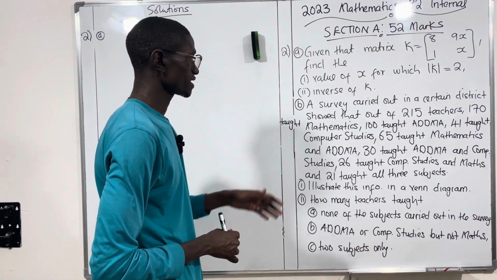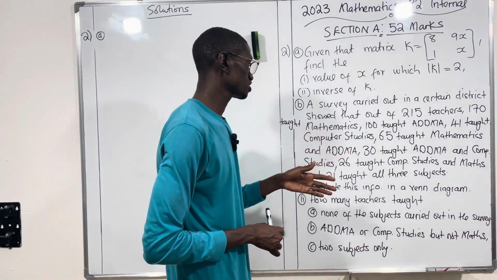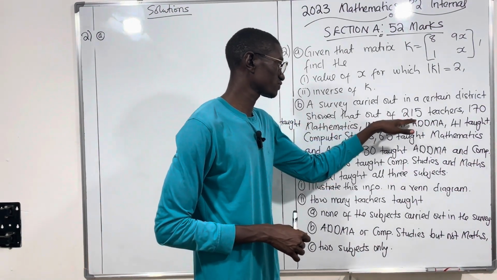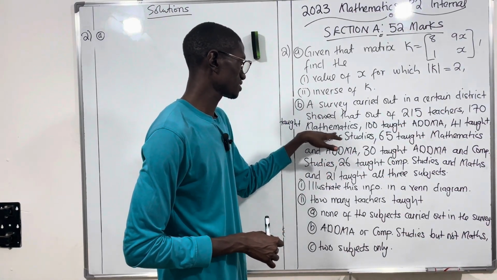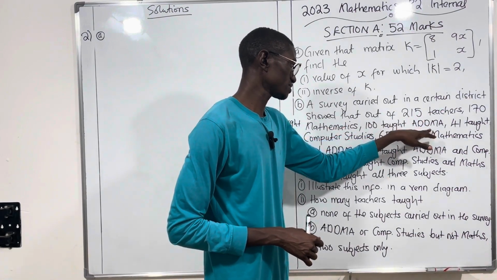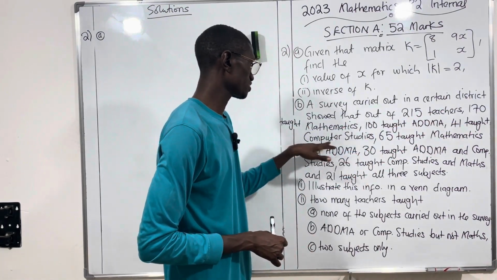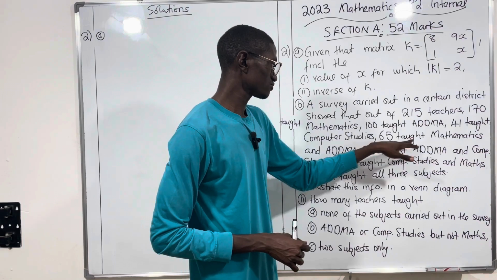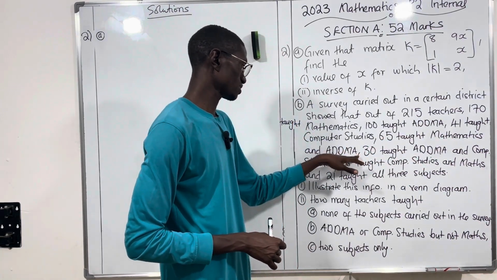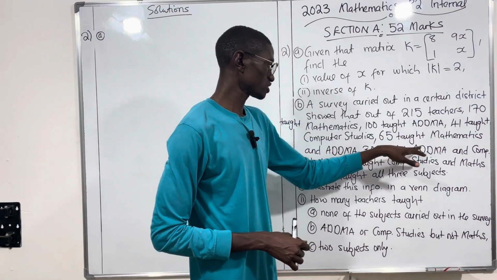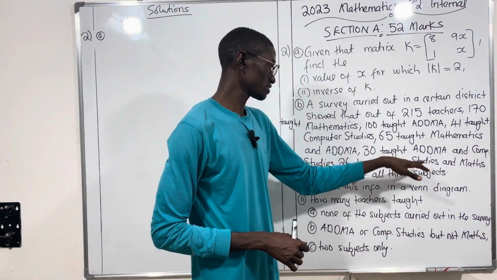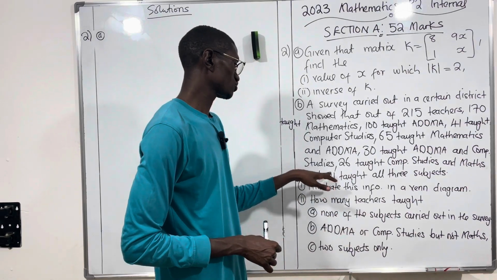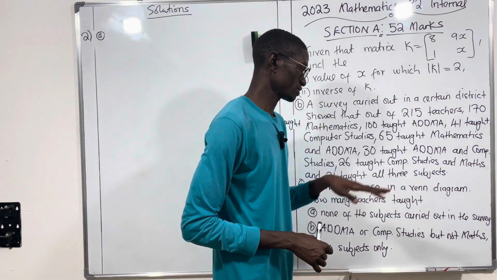So the question says, a survey carried out in a certain district showed that out of 215 teachers, 170 taught mathematics, 100 taught additional mathematics, 41 taught computer studies, 65 taught mathematics and additional mathematics, 30 taught additional mathematics and computer studies, 26 taught computer studies and mathematics, and 21 taught all 3 subjects.